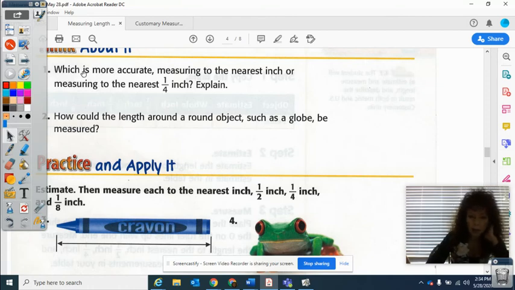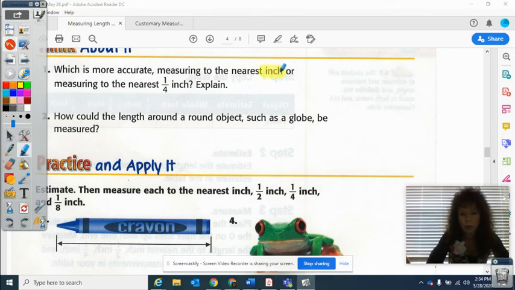Which is more accurate, measuring to the nearest inch or measuring to the nearest 1/4 inch? What do you think? Which one is more accurate or closest to the actual measurement? Measuring to an inch or to a 1/4 inch? What do you think? Okay, I would say measuring to the nearest 1/4 inch is more accurate.